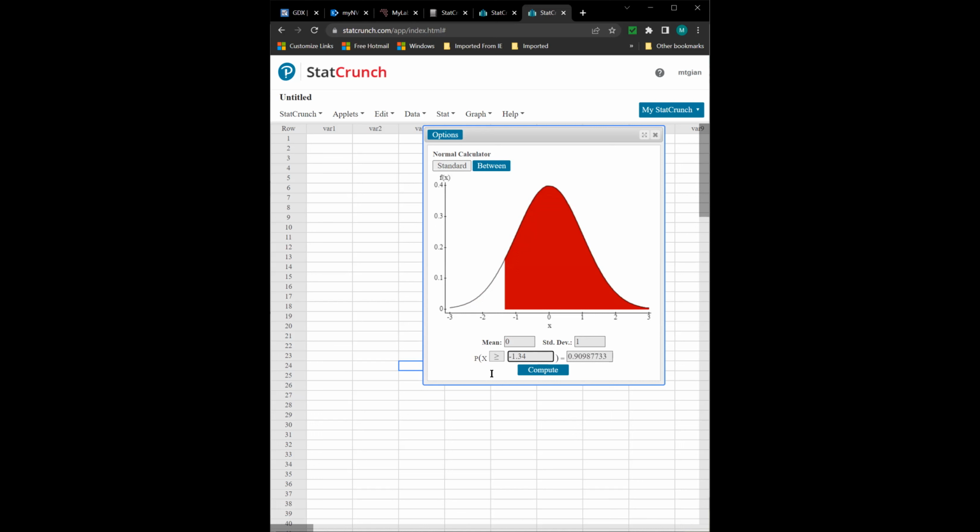Okay, so that's the basics for how to calculate p-values, depending upon whether the alternative hypothesis is not equal to, less than, or greater than. Those are the cases.